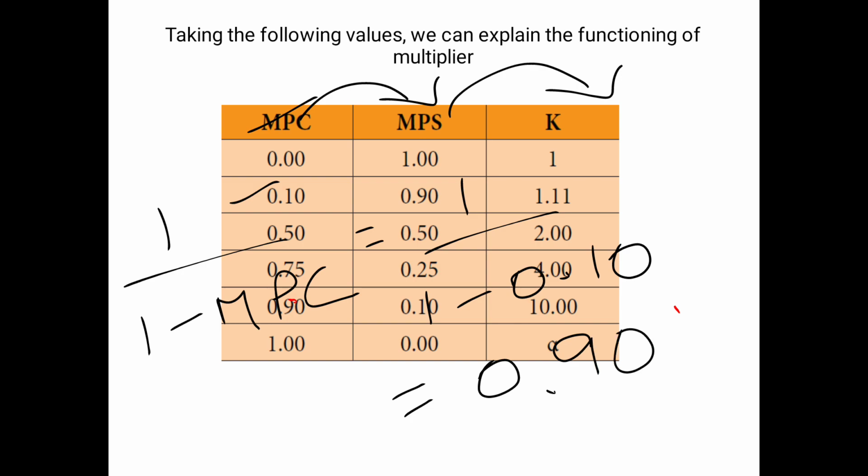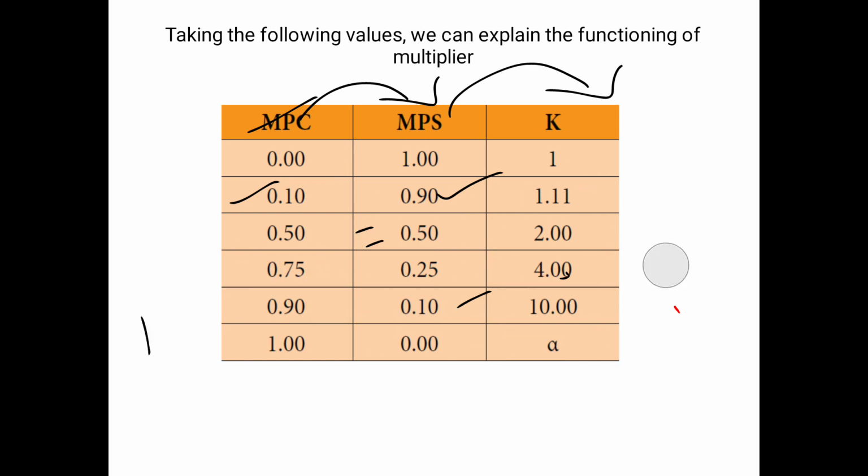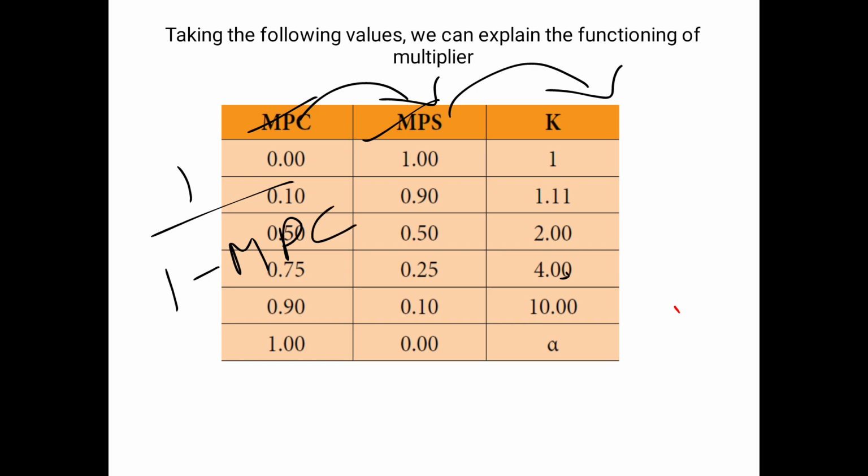You can do it in the calculator, children. So you will get the second one. The same way you can work out everything and you will get the answers. So what is the formula you are supposed to keep in mind to derive MPS? It is 1 divided by 1 minus MPC. So you will get MPS.